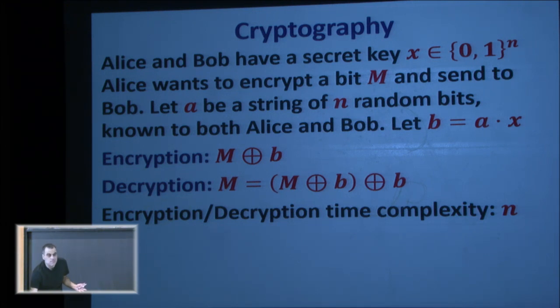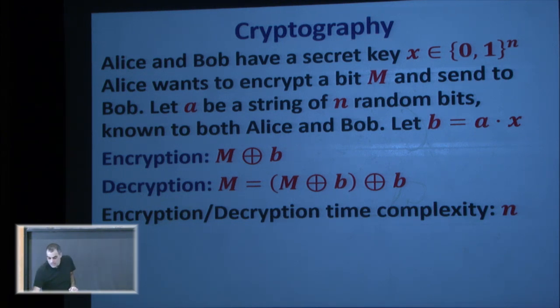Bob just adds B modulo 2 and gets back the bit M. You can see that we used a secret key of length n, and the time that it takes to encrypt and decrypt is also n. You need to compute the inner product, or maybe even to send these A bits if such a source is not available.